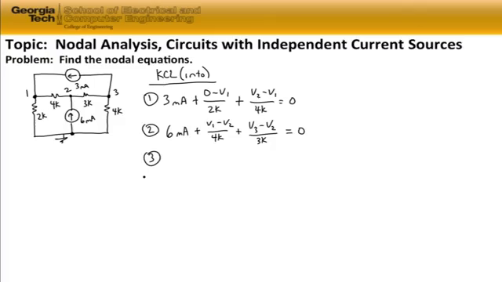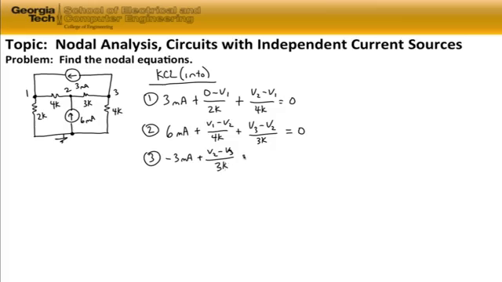So again, summing currents into node 3, we have minus 3 milliamps from the current source at the top of the circuit. We have the current flowing through the 3 kilo ohm resistor, V2 minus V3 divided by 3K. Sorry, it's 3K.